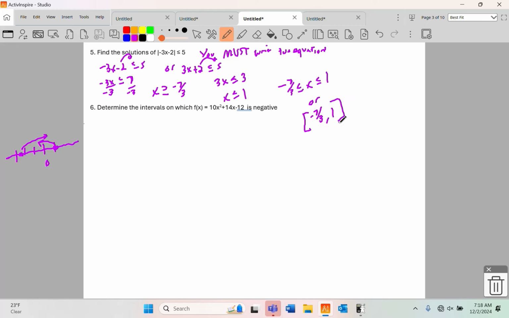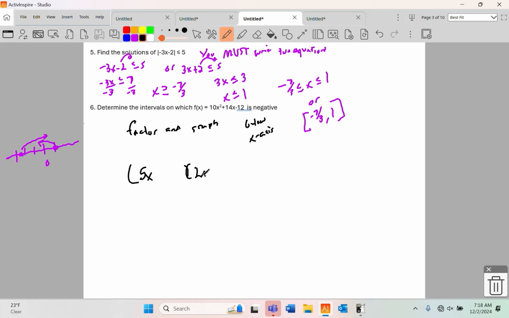Determine the intervals on which this thing is negative. The gist of these is to factor and graph. By the way, being negative is being below the x-axis, but we're going to factor and we're going to graph.